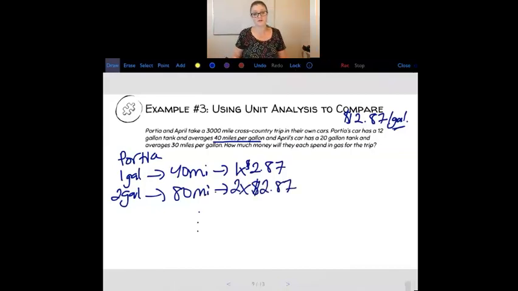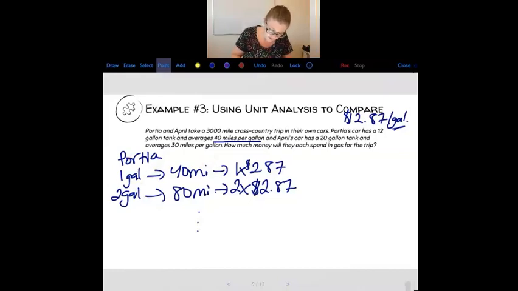So we see where we're going with this. We need to determine how many miles per gallon she can go for a 3,000-mile trip. Okay, so notice here that 80 divided by 40 is 2. 40 divided by 40 is 1.